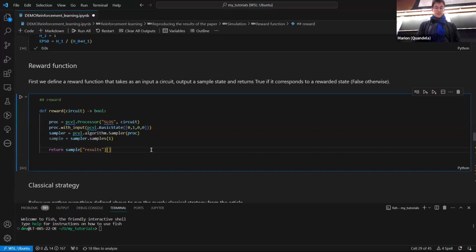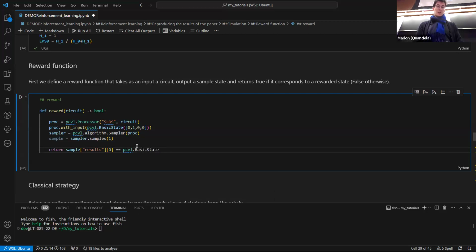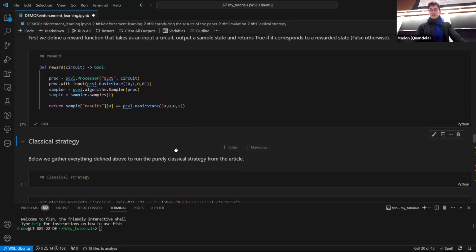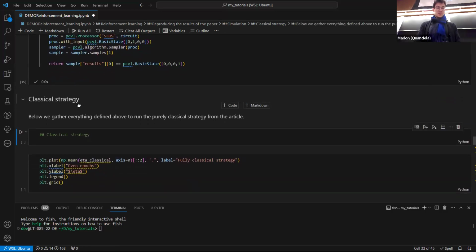In the result, we are going to take the first element, and we are going to ask whether the first element, because we only have one output state, is the basic state 0, 0, 0, 0, 1. So if it clicks on the fourth mode. Okay. I hope I didn't make too many mistakes on the way.